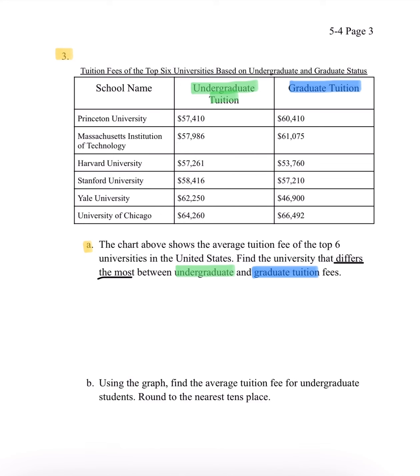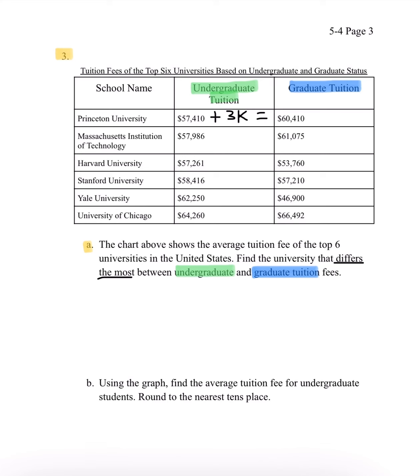So Princeton University, the undergraduate tuition is $57,410. And graduate is $60,410. So that means it's just $3,000 off, right? Because if we add $3,000 here, $3,000 also considered $3K, it'll equal the graduate. So the difference is only $3K here.